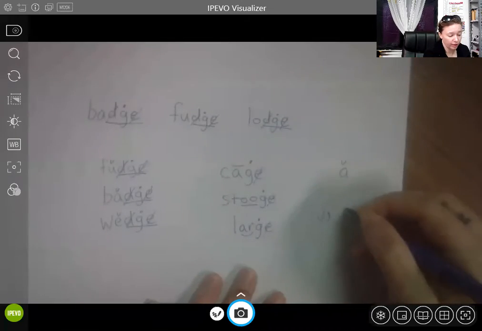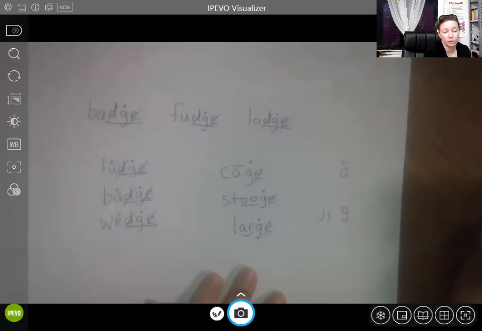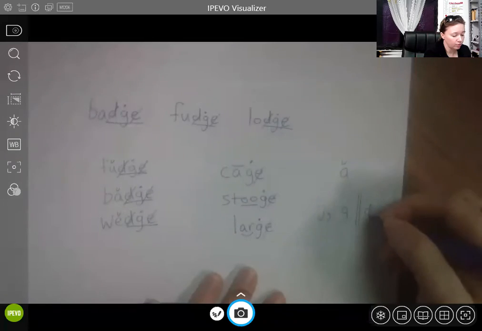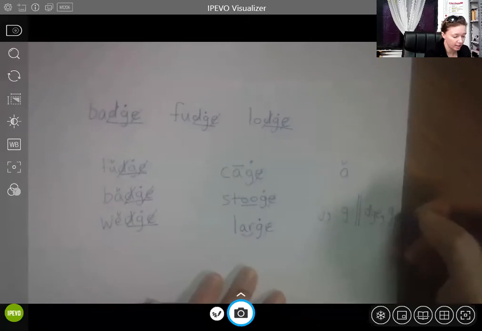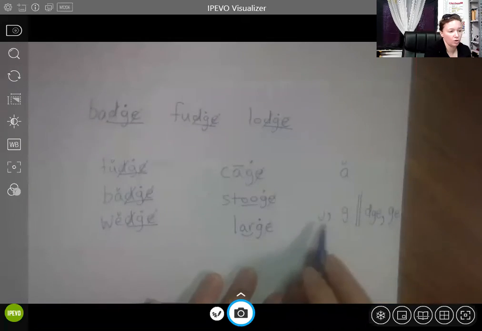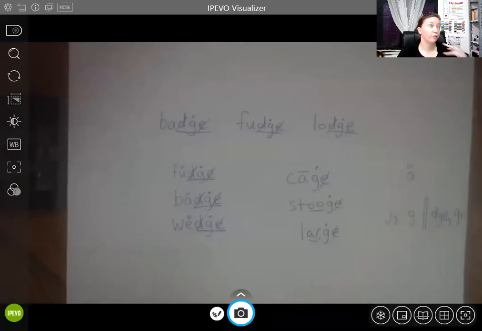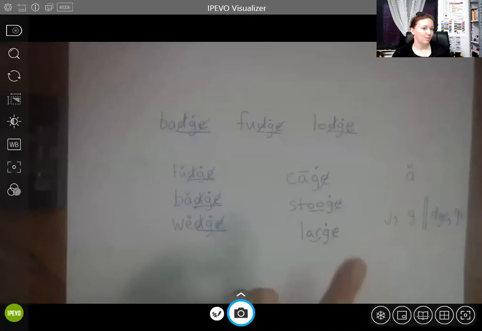We've also now learned that G can make that sound when it's followed by I, E, or Y. And we've also found out that the final part of the word can be DGE, GE. So you would write all four of these. These are all four spelling options for the sound J. So when we do those spelling reviews, sorry, I've been recording a lot of videos. My tongue is getting twisted. When we do those spelling reviews, this is what you're going to write for the sound J.